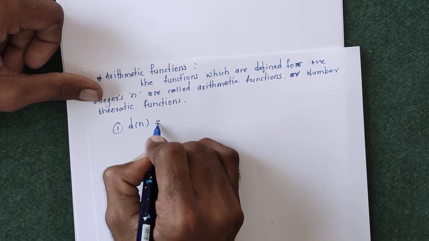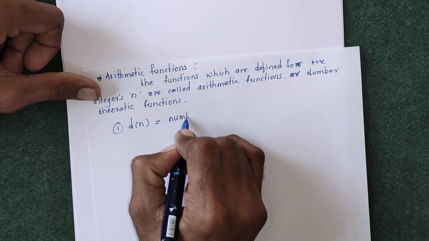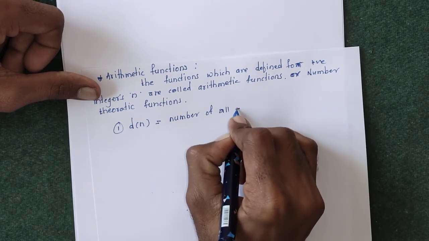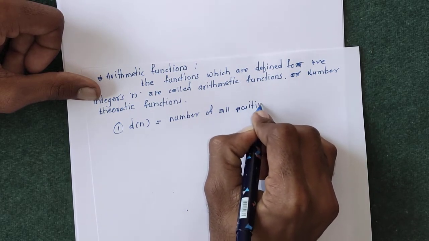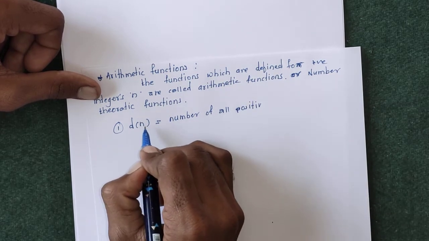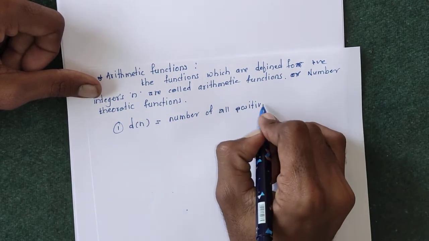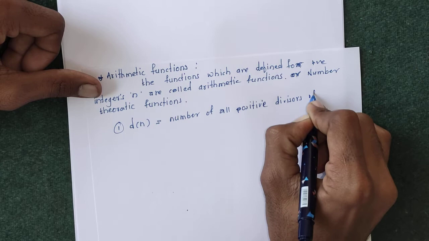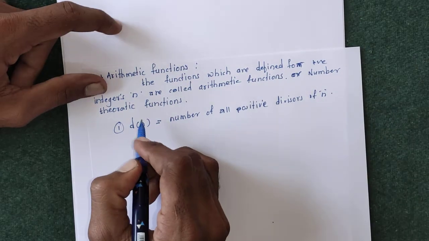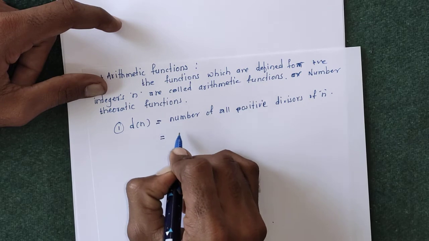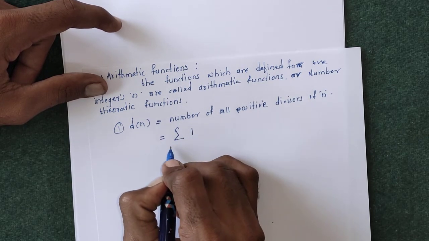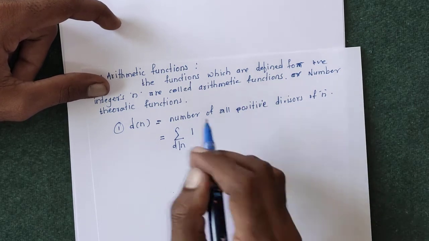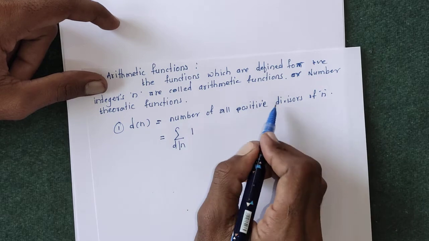This function is defined as the number of all positive divisors of n. We can denote it using the summation of 1 over all d that divide n, which means we are just counting the number of positive divisors of n.